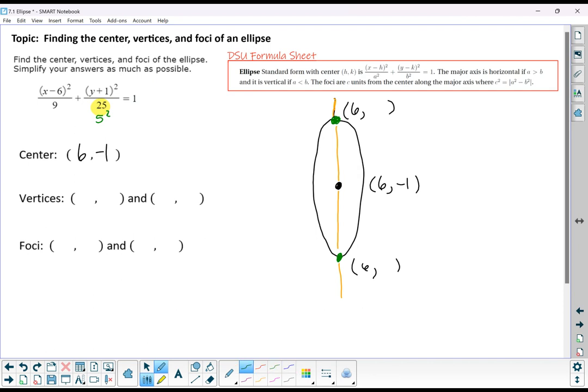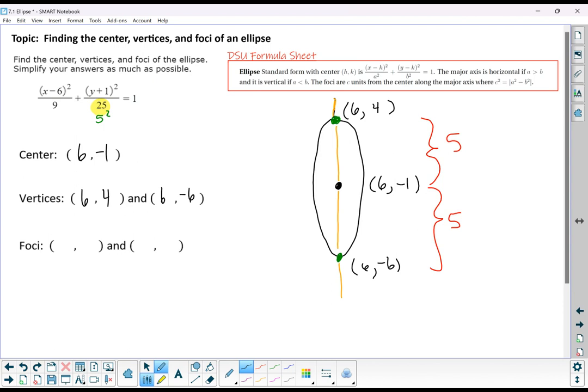But we need the y-coordinate as well. Well, that distance to that vertex is 5. So if I'm 5 above -1, that is at... oh, I'm sorry, that would be a +4. Sorry, it's late. And then 5 below would be -6. So starting at -1, we would count down to -6 or up to +4. So those are the vertices. So we'll put those in next: (6, 4) and (6, -6).